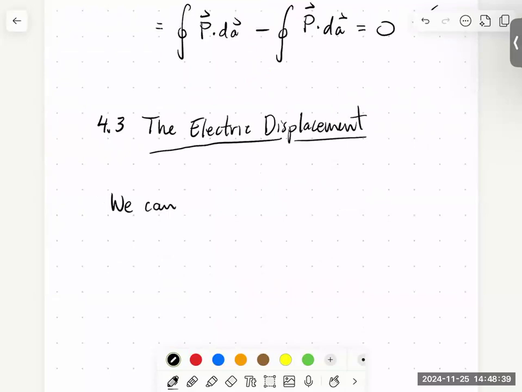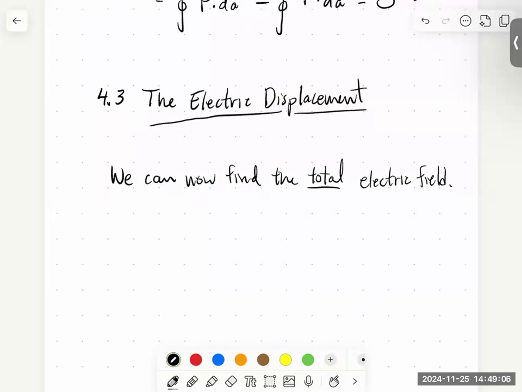Okay, so we can now find the total electric field. What we've been talking about is some external field polarizes the object, and then that polarized object makes its own electric field. So what's the combination of the two? What's the net electric field after our object has been polarized?